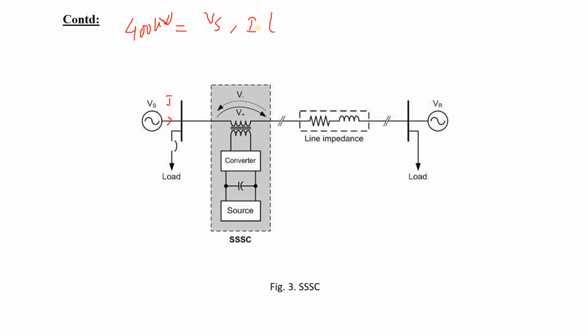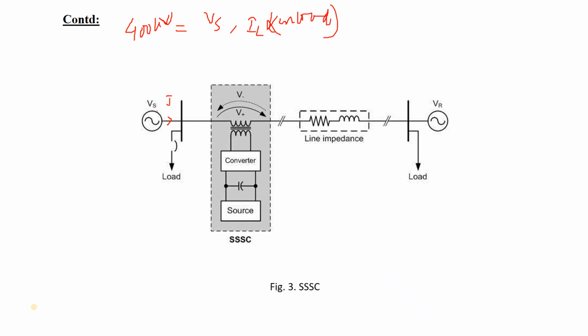Now the current, the line current, depends upon the load, because it is proportional to the load. The more the power, the more the load demand, the more the current, so ultimately V into I will increase.